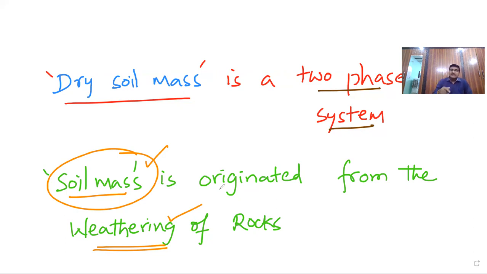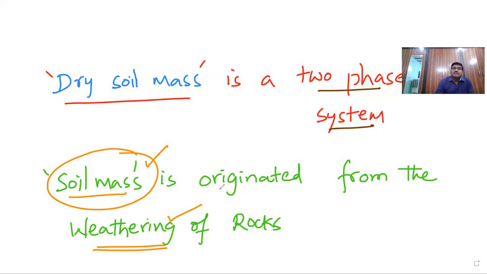When that agent acts upon the rock, that rock is disintegrated into the parts. That process is known as weathering. Breaking up of the rock into the smaller parts by means of attack of natural agents. These are known as weathering agents.